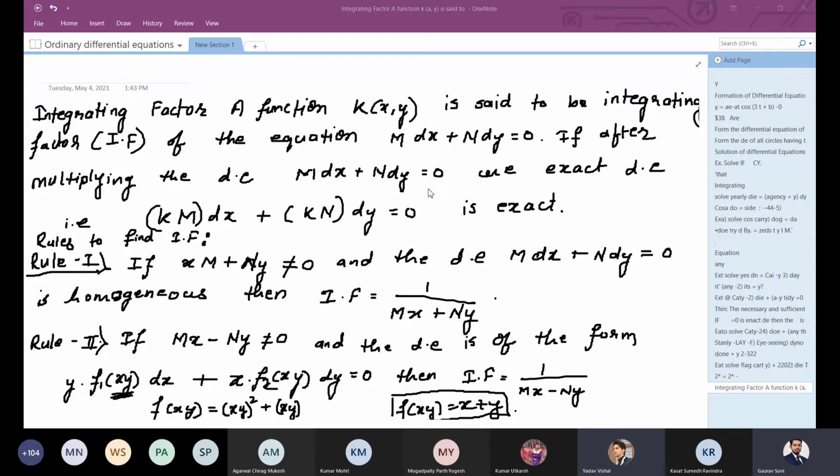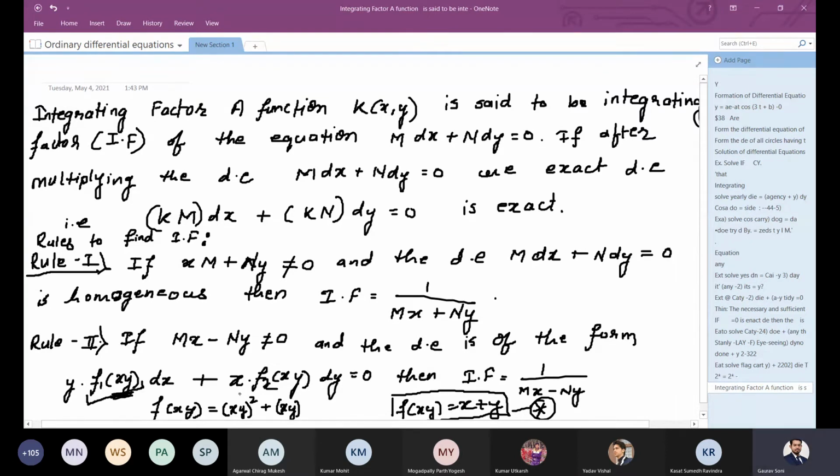Mohit, wait. Is it correct, f of xy equal to x plus y? No, sir. Yes, so this is not in our case. Our case deals with this: I can take y outside and totally I will get a function of xy.